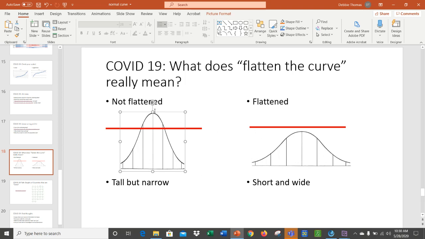So by pushing down this peak, I'm pulling out the sides and making this graph go from tall and narrow to short and wide, which means time-wise it takes longer, but we don't ever hit into that danger zone. And ultimately that would mean fewer deaths, which is why you're hearing flatten the curve as such an important thing. This is what they're really talking about.